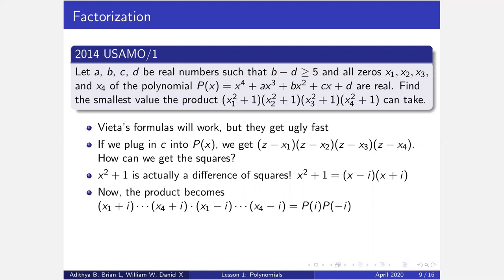And then from here, you can just plug i and negative i into the original polynomial, right? Also, William, the second bullet point should have z plugged into P of x instead of c. Yeah.